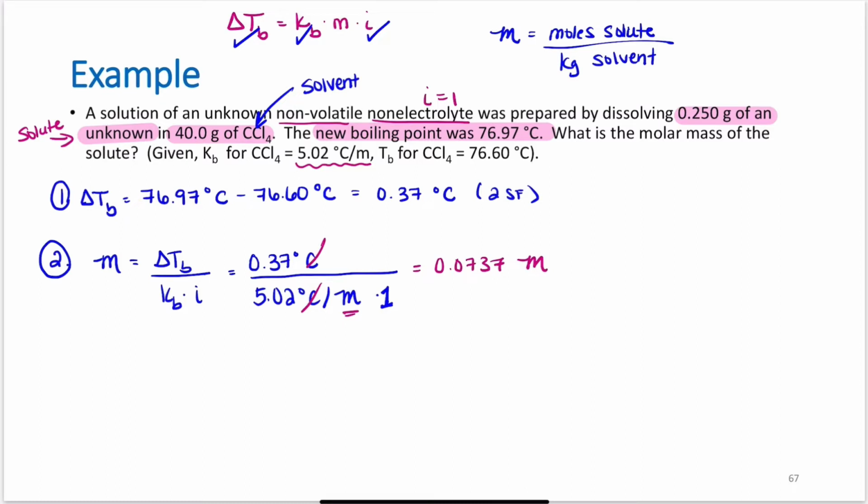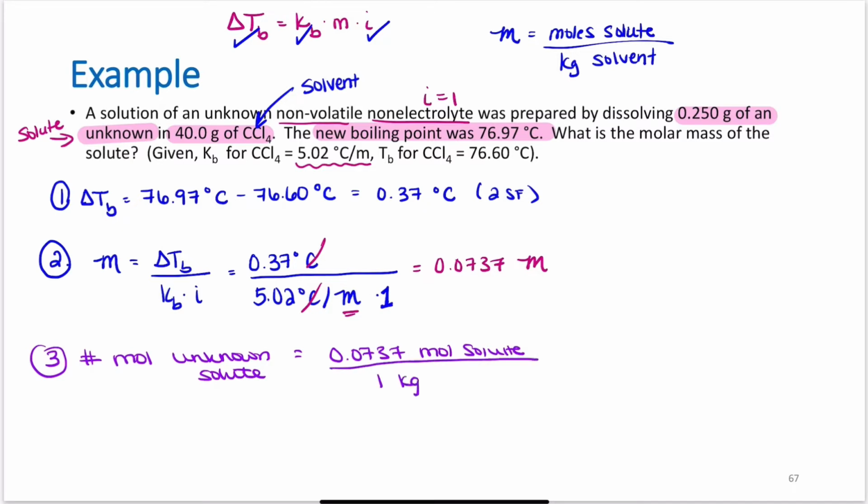So step 3, number of moles of unknown solute. I've got 0.0737 moles of solute to 1 kilogram of solvent, but I'm told I used 40 grams of solvent.